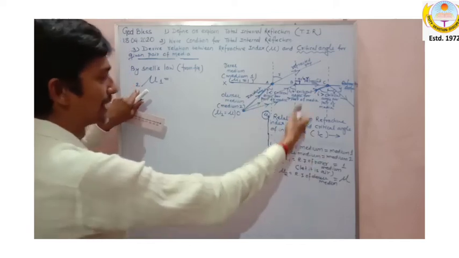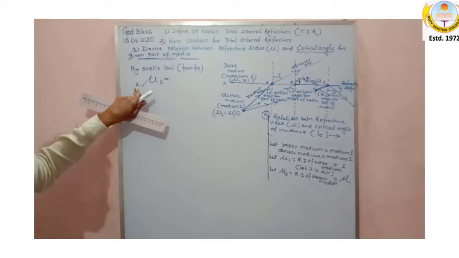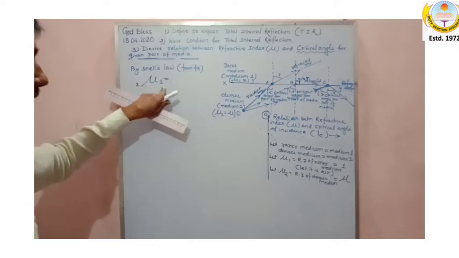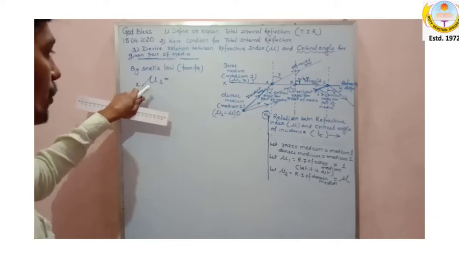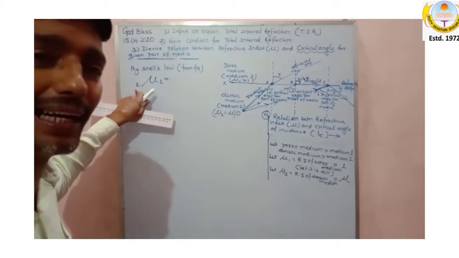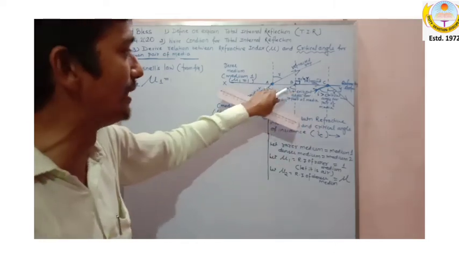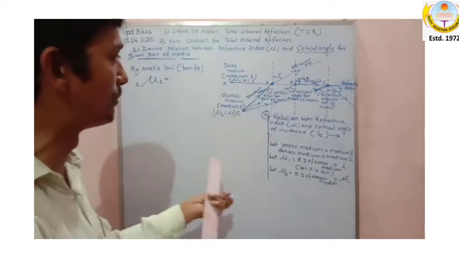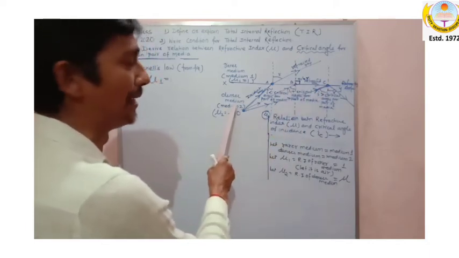I have done all this in my supposition. Now the light goes from medium 2 to 1, so what angle is made in medium 2? Sir, angle of incidence is made in medium 2.